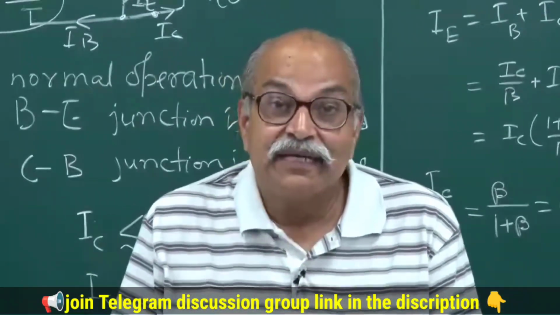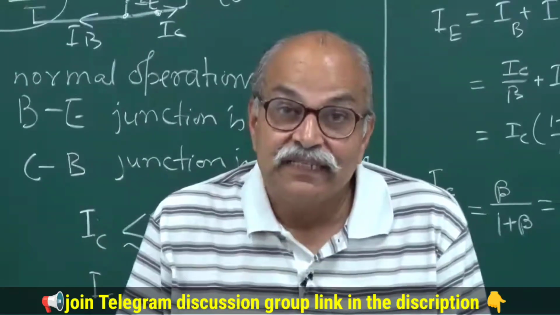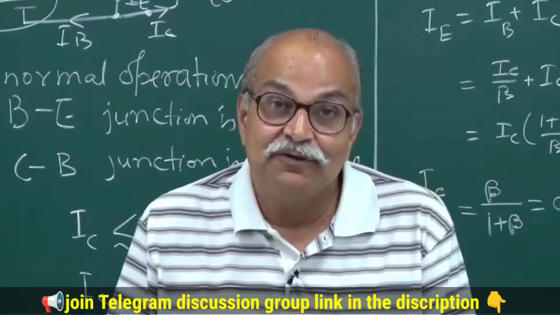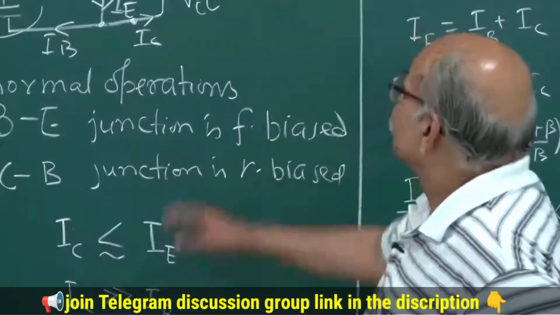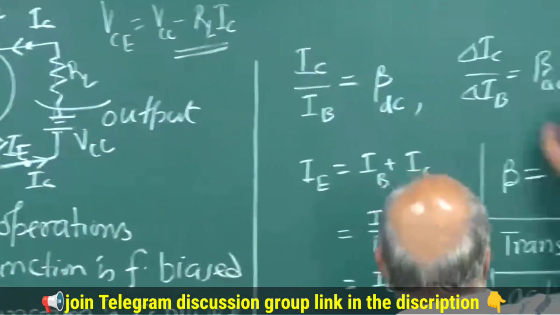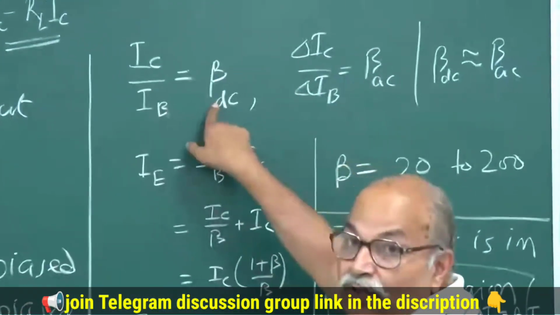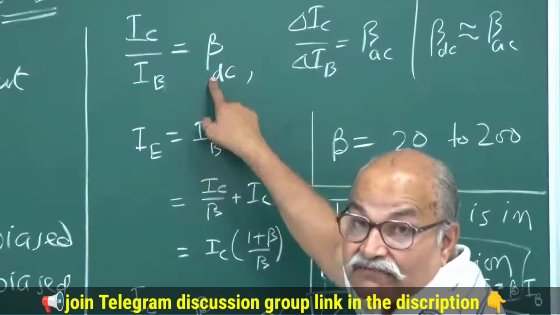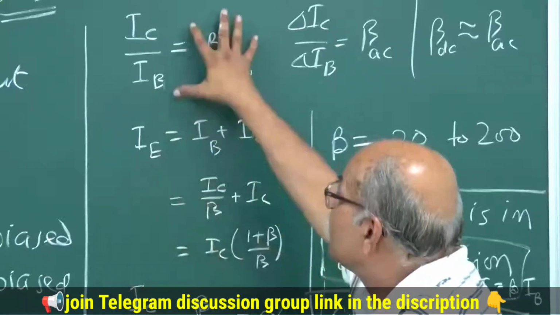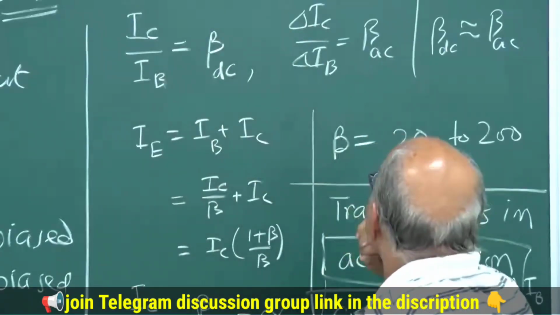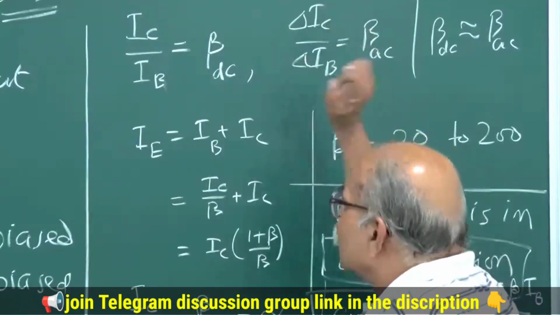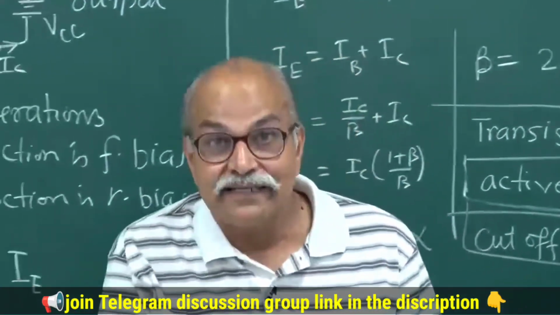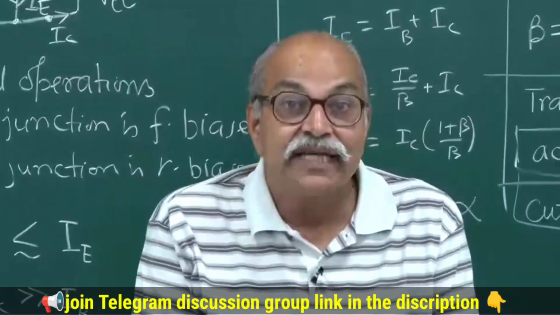In that case, this mechanism will not work, and this relation, IC equal to beta times IB, will not hold, because the collector does not have the capability of drawing that many electrons. It cannot draw that many electrons, and therefore, we say that the transistor is saturated.